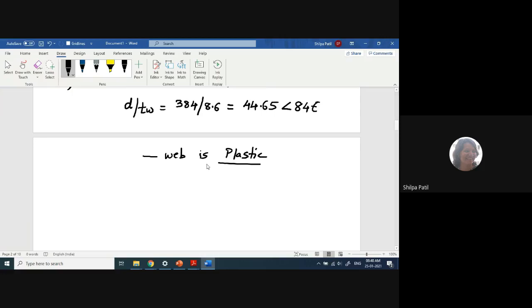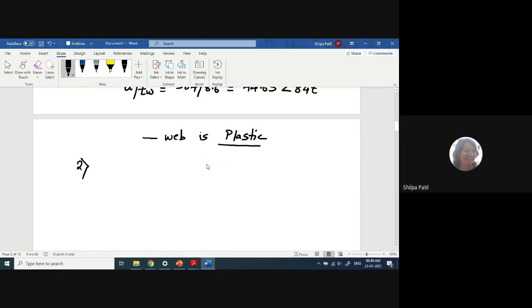Now the second case, axial compression. When you design a beam, you know that you are designing it for a beam, so whatever section you select, we already know that we are going to use that section as a beam.